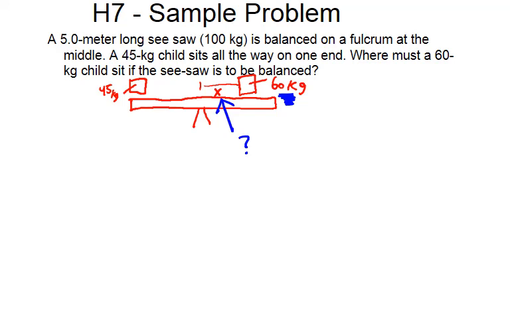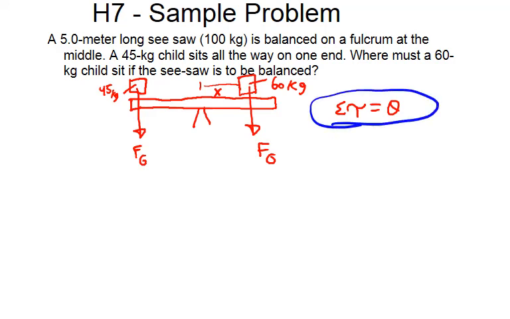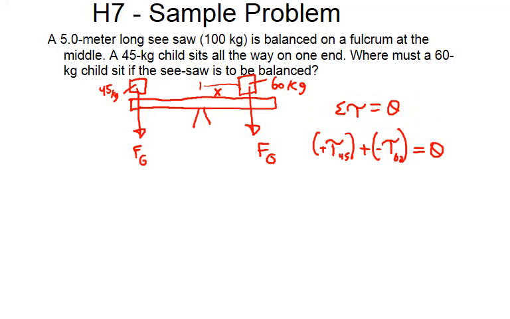So what I'm going to have you do on this one is see if you can work this one through. The only thing that I'll help you with here, we've got the two forces there. We're going to add up the torques to be 0. And so you can write out, we have the positive torque from the 45 kilogram kid, the negative torque from the 60 kilogram kid, and they're going to add up to be 0 because they're going to be balanced, rotational equilibrium.